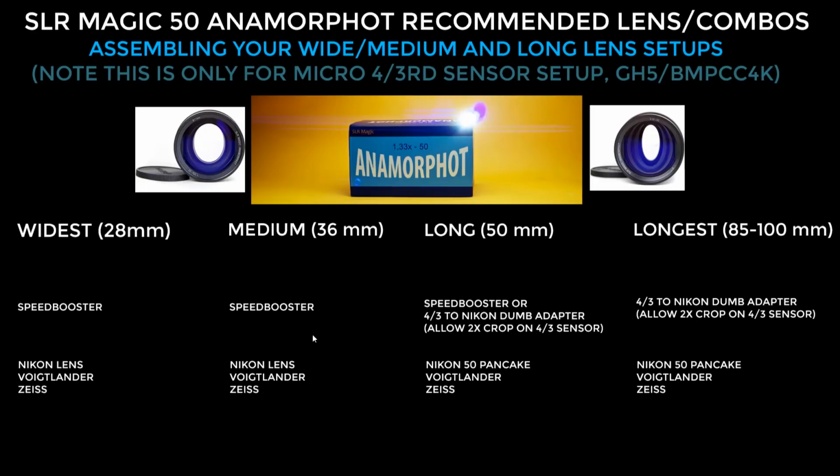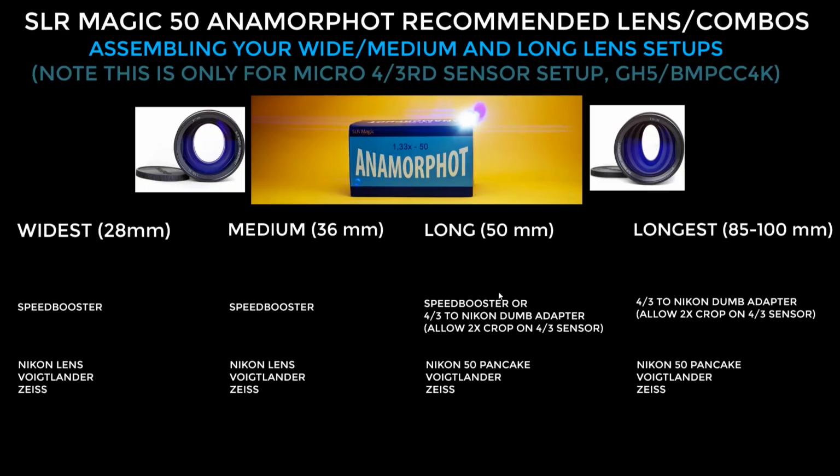Medium is 36 millimeter, a weird number, usually it's 35, but the crop factor can get kind of weird, because it's a 1.9 crop factor with the Blackmagic, 2.0 with the actual GH5. Speed booster, again, Nikon lenses, Voigtlander, Zeiss. These are sharp lenses, very small lenses.